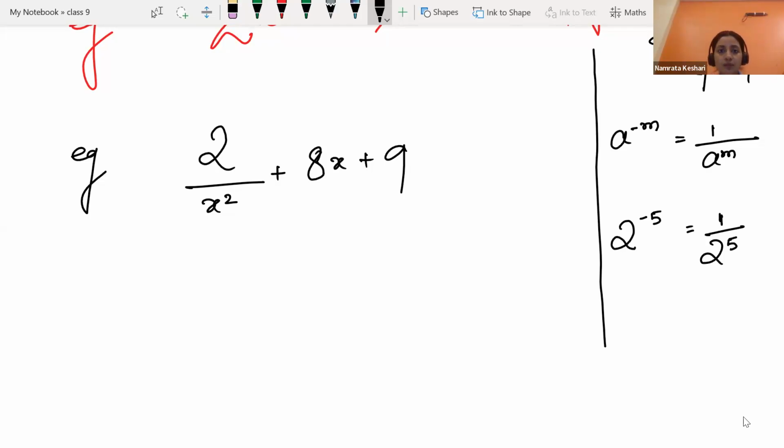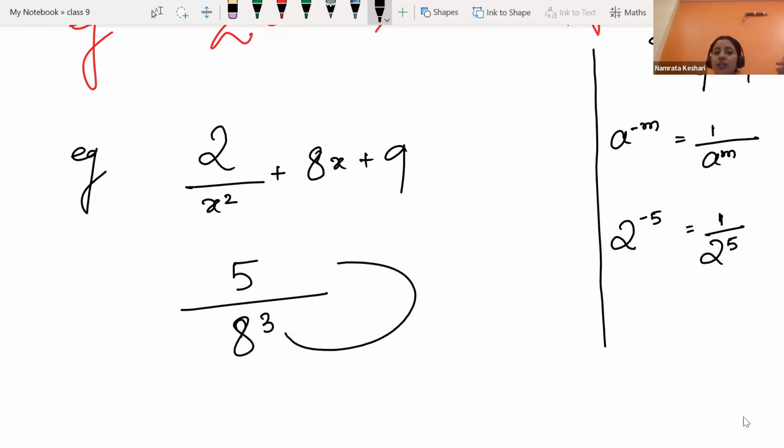Yes, that's allowed. Just this exponent will reverse its sign. So if you are having 5 by 8 cube, and if you want to bring it in the numerator, is it allowed mathematically? Yes, that is allowed. You can bring it in the numerator.